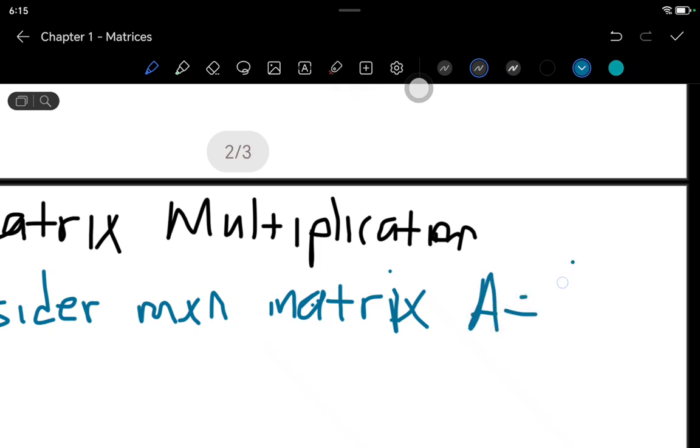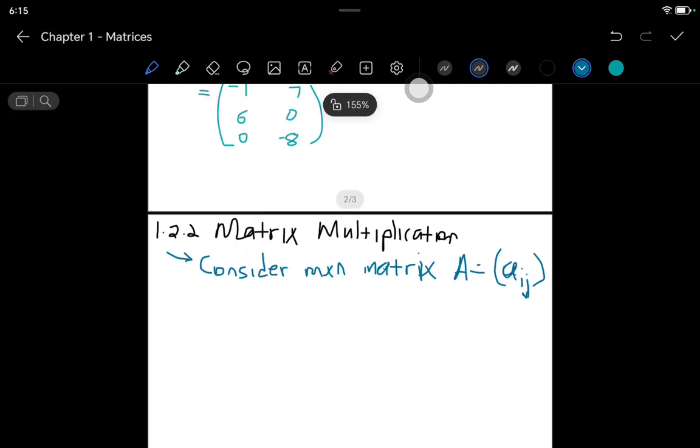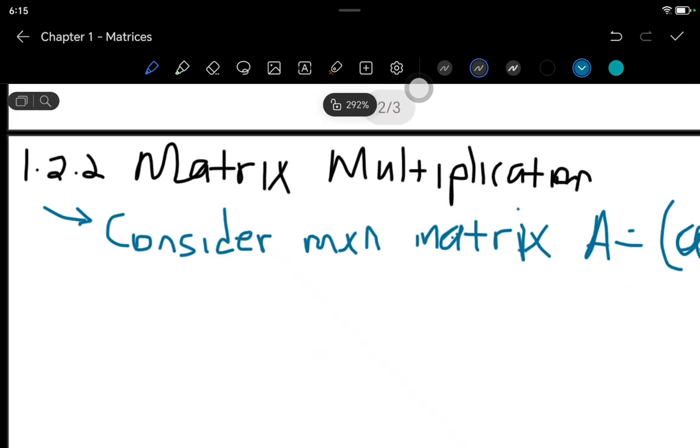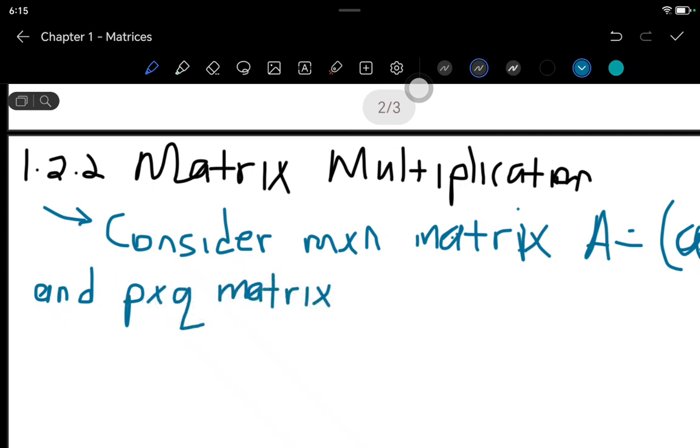and we consider a P by Q matrix, which here we have B, which is equal to B ij.